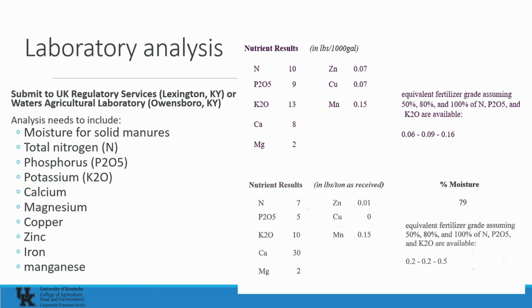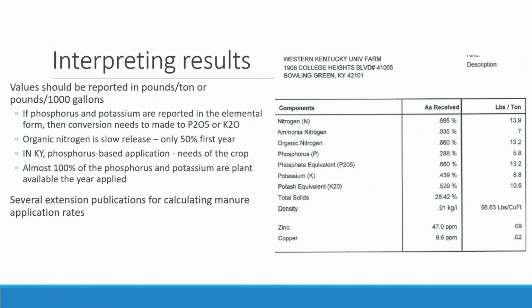So off to the right, we can see that our results are reported in pounds per ton as received. So as received means that they're going to give you a percent moisture if it's solid, or in pounds per 1,000 gallons. So once we get our analysis back, we want to be able to interpret these results.